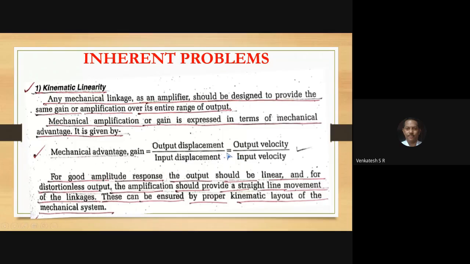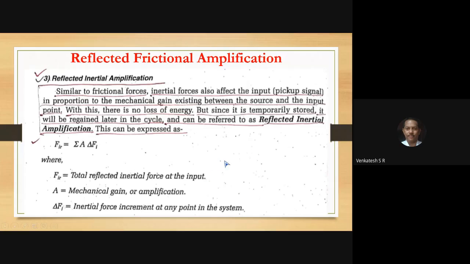You can also define mechanical gain as the ratio of input velocity to output velocity. In the same way, you have some reflected amplification in the system. Springs, worm, gear, and other mechanisms are used in the measuring instruments. There you have some inertia that is called reflected inertia. You have to neglect it or add that amplification for measurement.